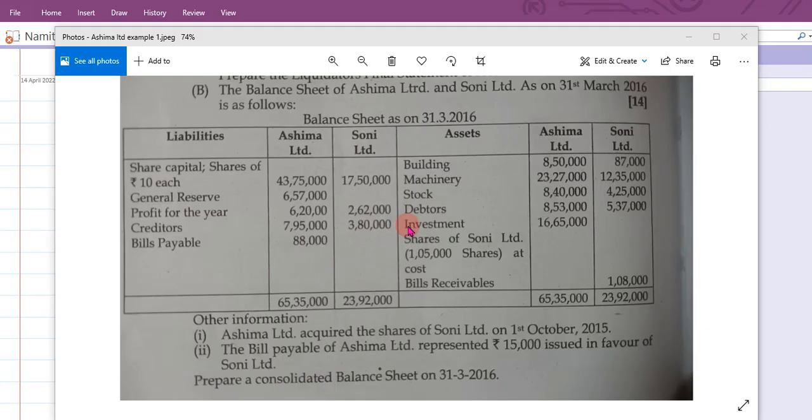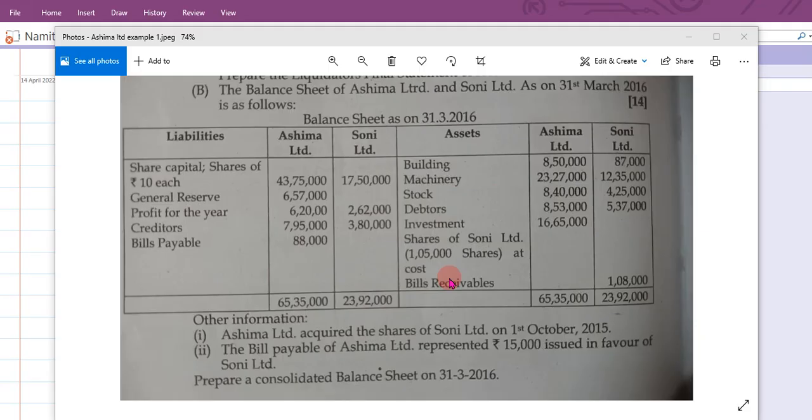Here in this question the liabilities and assets of Anshima Limited and Sony Limited are given separately. On the asset side, Anshima Limited's assets and Sony Limited's assets are given, like buildings, machinery, stock, debtors, investment, etc.